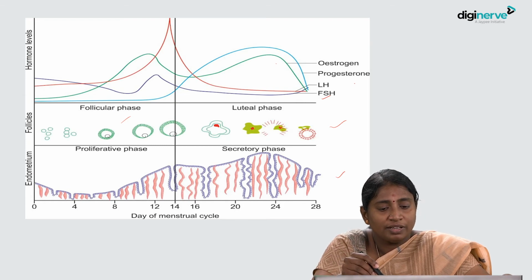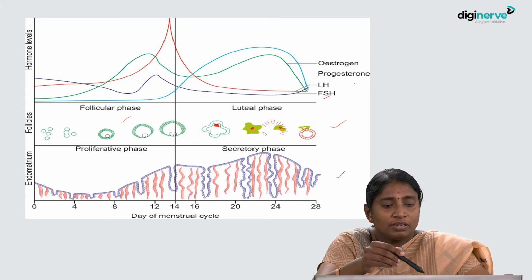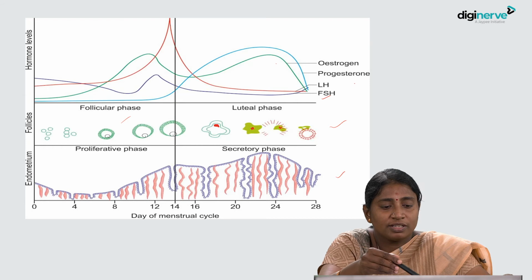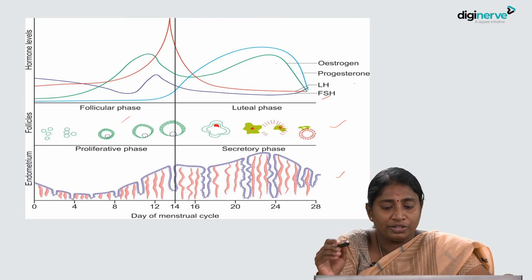During the luteal phase, you can see the rise in progesterone level compared to estrogen, and also the steep inclination of LH just before the rupture of the ovarian follicle, which is a sign of ovulation.